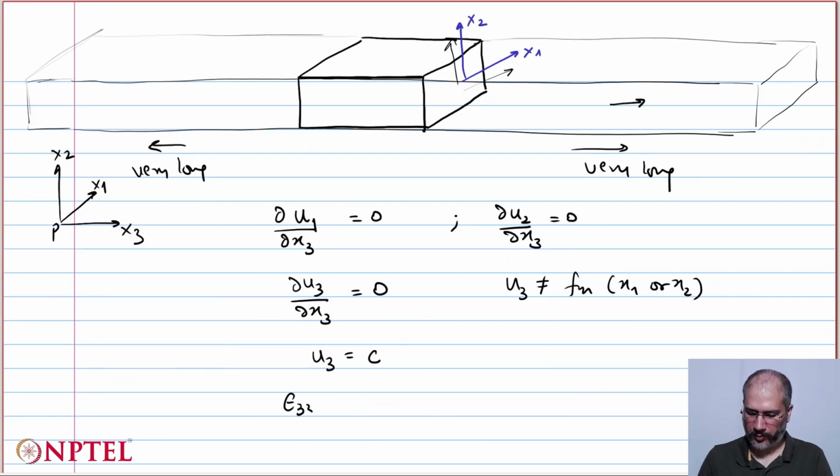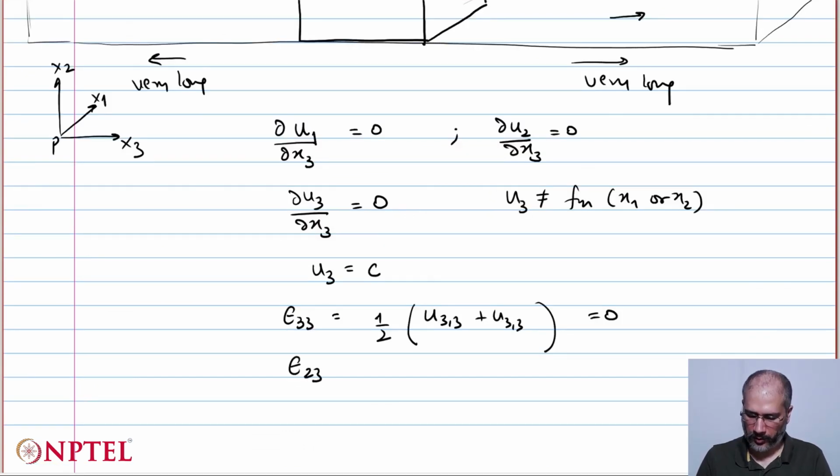So what was epsilon 33? Epsilon 33 was half of u3,3 plus u3,3, which for u3 equal to a constant is going to be 0. Similarly, epsilon 23 is defined like this.